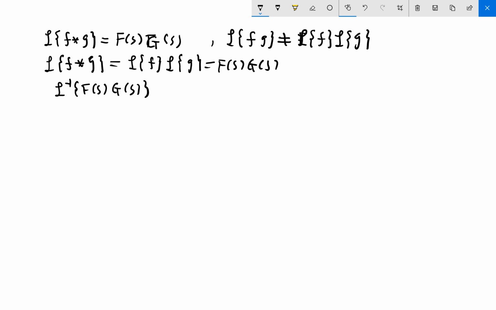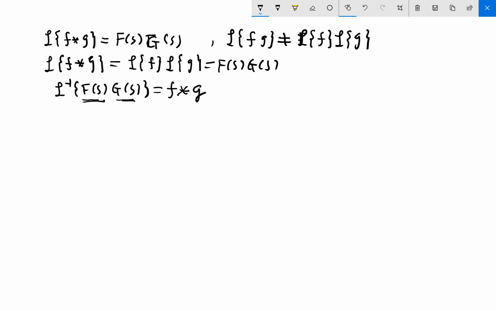If you want to find the inverse Laplace transform of two functions multiplied together, what you need to do is find the inverse of this one, then find the inverse of this one. The inverse of this one is small f(t), the inverse of this one is small g(t). The convolution of these will be the inverse of that.